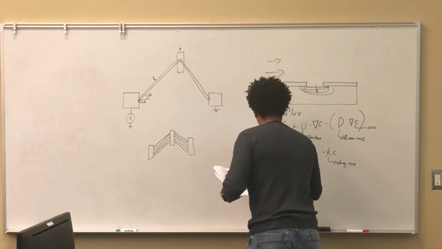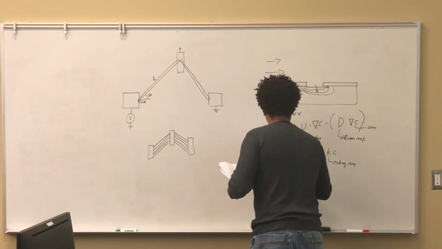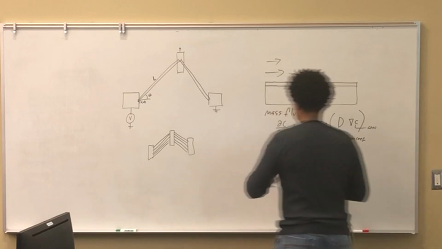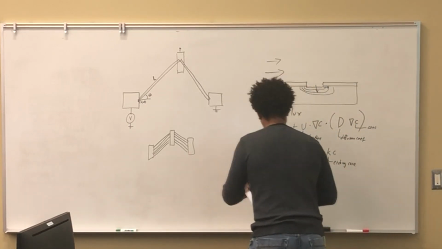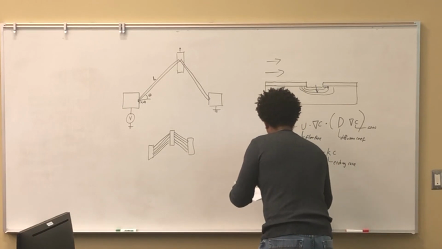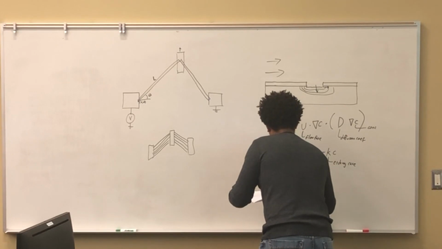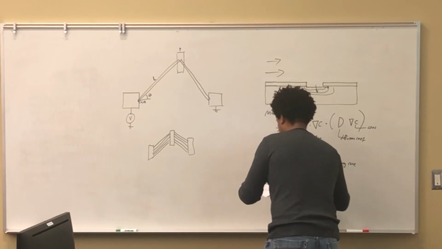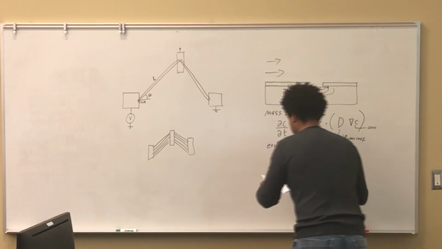There's also the flow field. This is from the laminar flow. And that equation, which you guys have seen before, because we've used it before, is U. Rho is the fluid density.